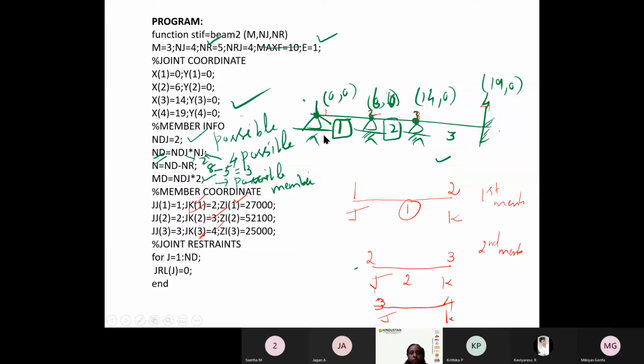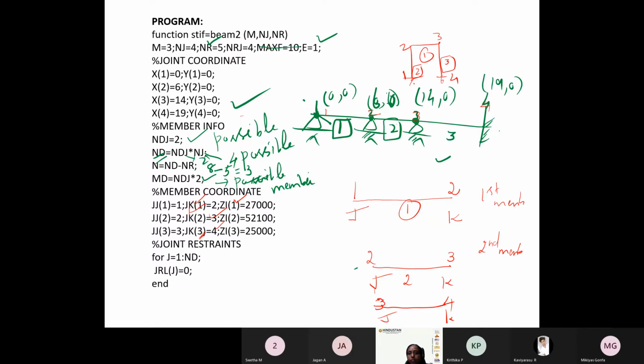For the joints, you have to give the coordinates, and for the members, you have to give the connectivity, how the members are connected. If you take the frame, take this member as 1, and let us start the connectivity with joints as 1, 2, 3, 4, and this is the second member, this is the third member. So 1, 2, 3 and 4.